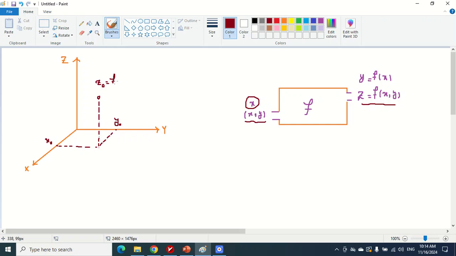That is the graph of this function, and if I gather all of these points together, then I have a surface instead of a curve. At the end of the day, the surface determines the value of the function at all points x node and y node, x1 and y1 and so on. So this type of graph determines a function of two variables.